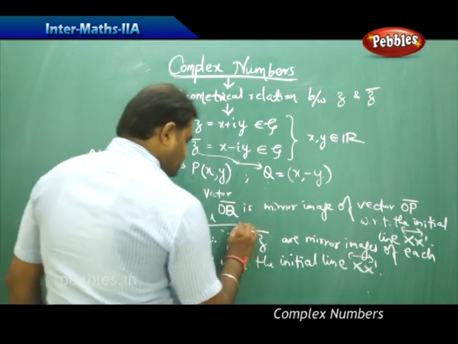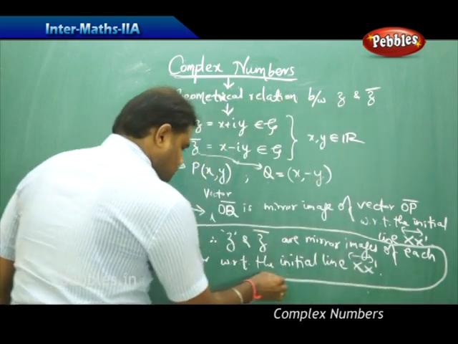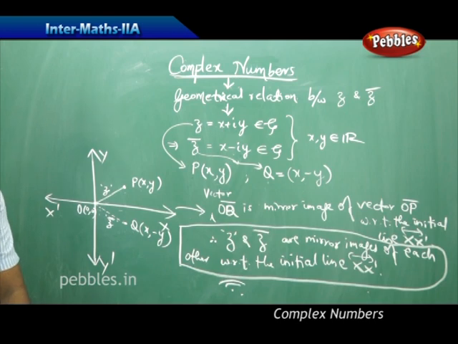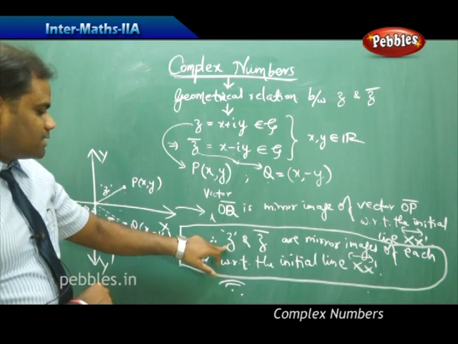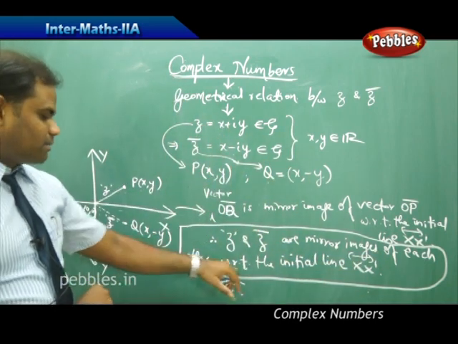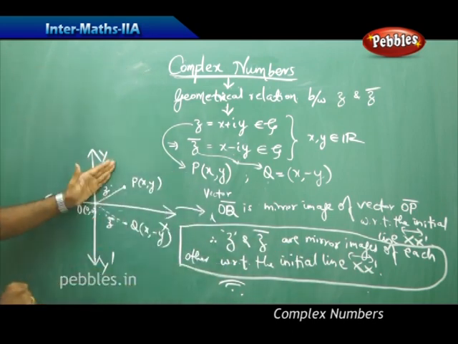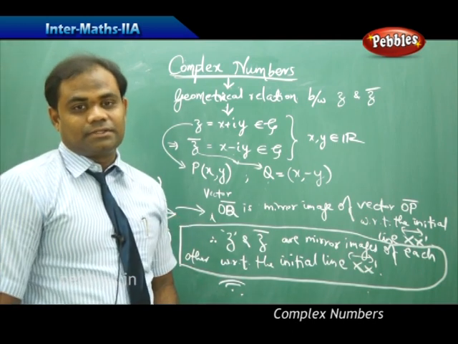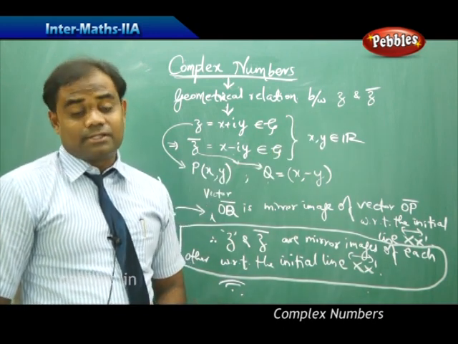So this is the conclusion made out here. The relation between z and z conjugate is that they are always mirror images of each other with respect to the initial line x dash. So they will always be mirror images with respect to the x-axis or the initial line x dash. This is how we understand the relation between z and z conjugate.